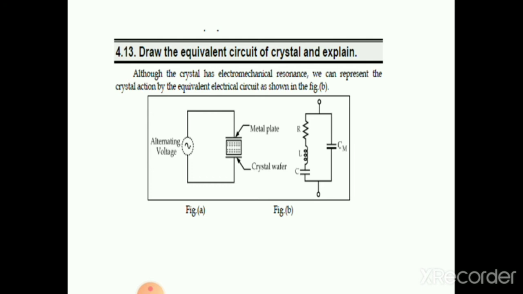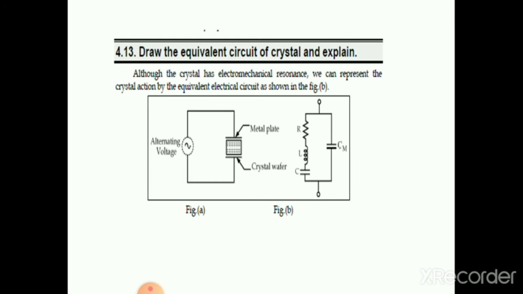You can see in the figure we have the supply alternating voltage, whatever frequency it produces, and the alternating voltage is applied to the crystal, which has the metal plates and the crystal wafer, connected to the source.